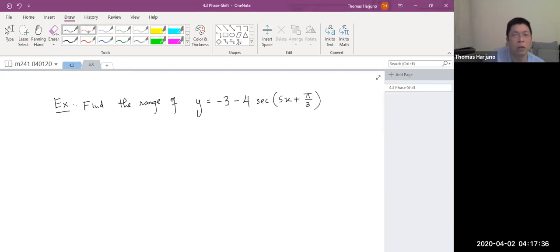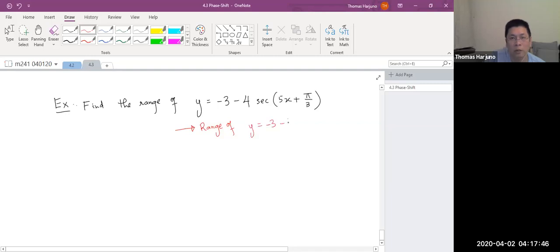The way we do that problem is you first take a look at the range of y equals negative 3 minus 4 cosine of 5x plus pi over 3.